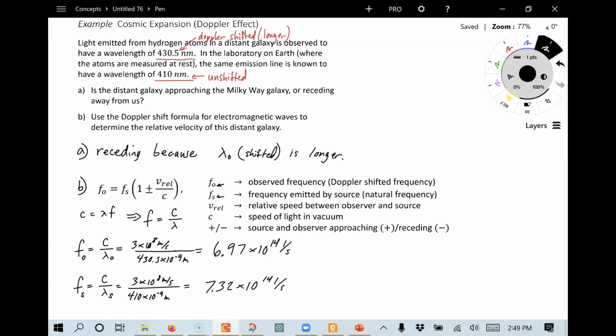So we've got all information here that we need to be able to use this equation now. The last thing we need to do is pick the plus or minus sign. We know that this is receding from part A, so we're going to do receding. That's the minus sign.